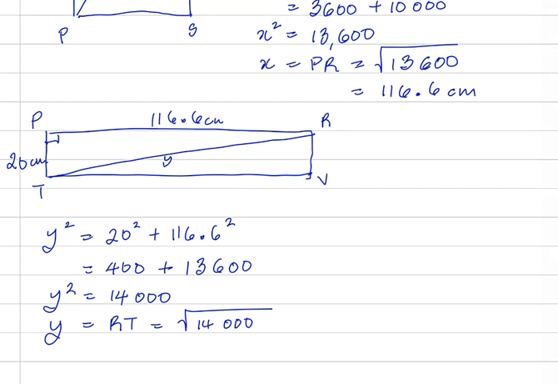So the square root of 14,000 says 20 root 35. I don't want to answer like that.